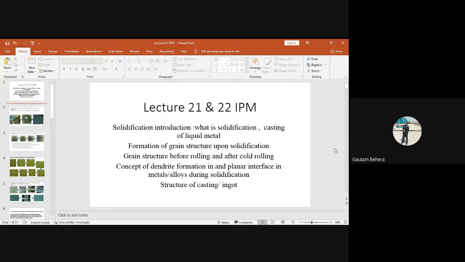Since we are metallurgists, we'll talk about solidification of metals and alloys, right? So that means the liquid metal will become solid, or liquid alloy will become solid alloy. That is called solidification. So it is a phase transformation process.